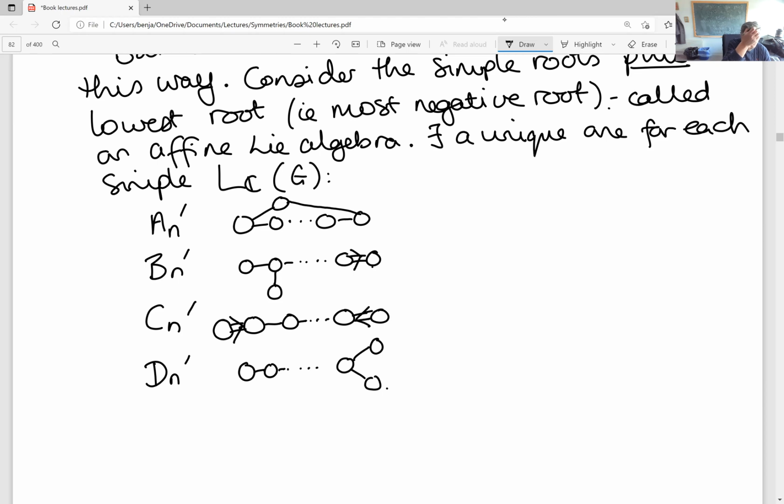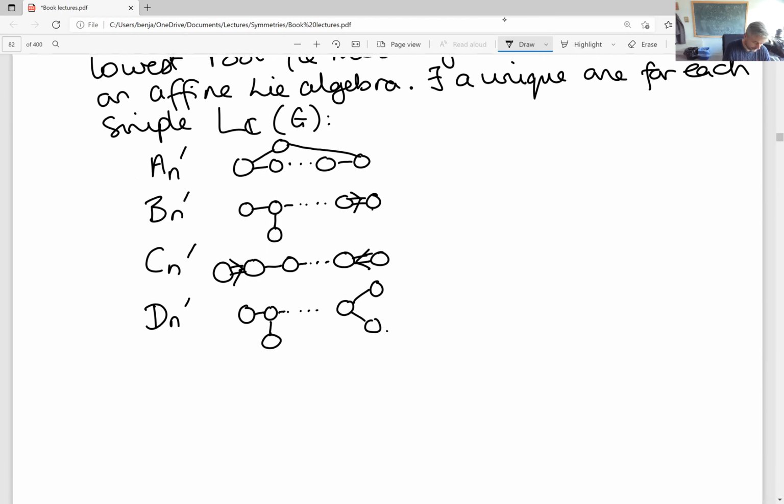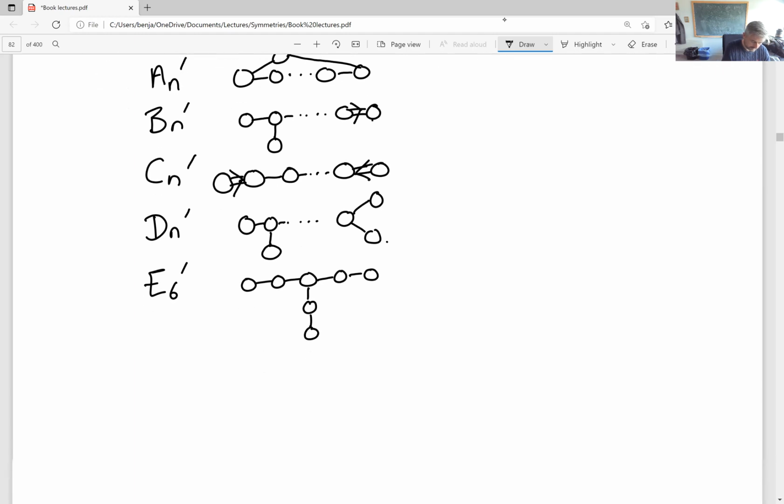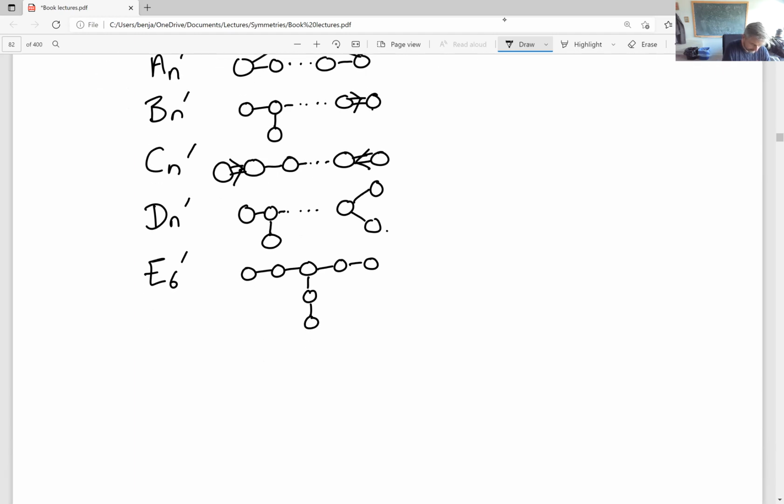Dn prime was like that, and we add an additional root here. We have the affine exceptional algebras. So before we had this, and it turns out that the additional root goes there for E7 prime.